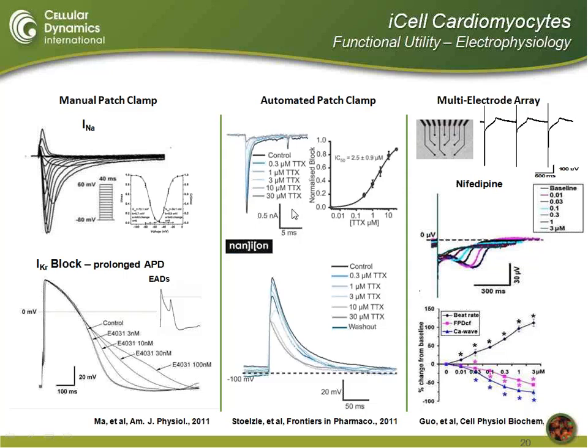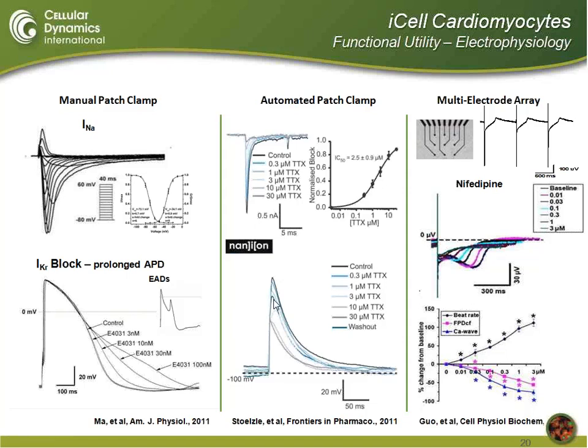The next usage here in automated patch clamp was published and done by Nanion, looking at the sodium current with TTX block, as well as the action potential with TTX block again. And it's important to look at these cells when you compare them to a normal overexpressed, say, HEK line or CHO line, where you're really just looking at one individual ion channel.